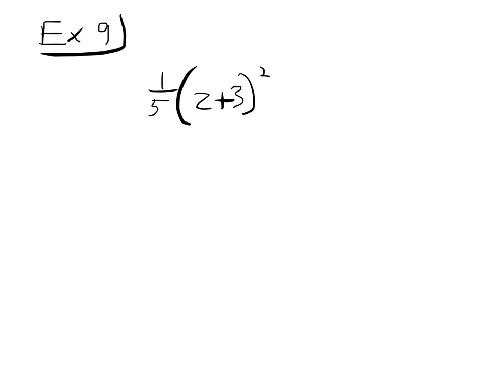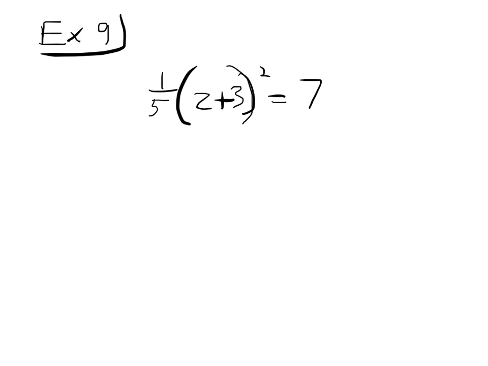Last example that we're going to do, example 9: 1/5 times z plus 3 squared is equal to 7. Now, we're solving for z, right? Before we take the square root, we need to undo this whole thing.